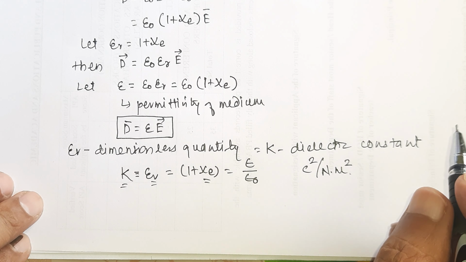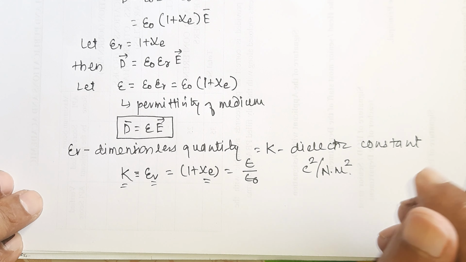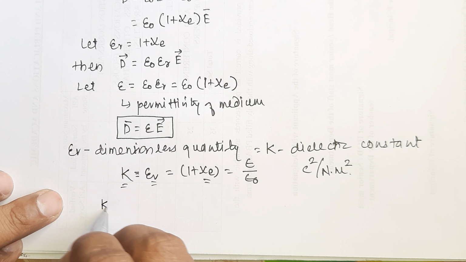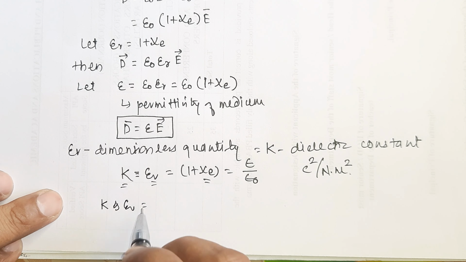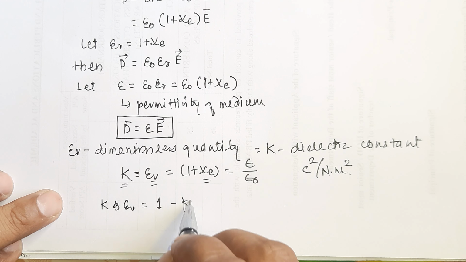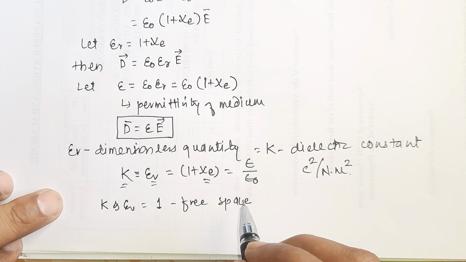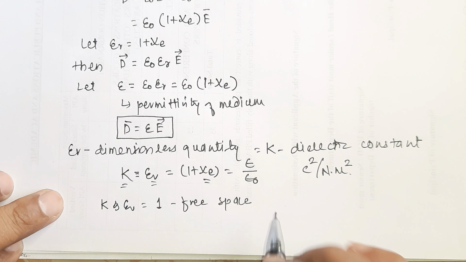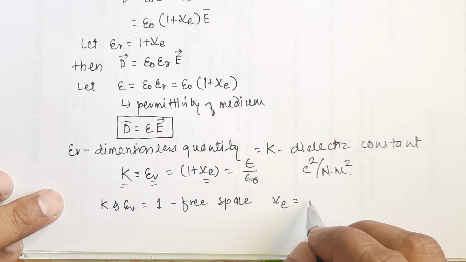The dielectric constant K and relative permittivity epsilon r have the value 1 for free space, and at that time the electric susceptibility chi e is equal to 0.